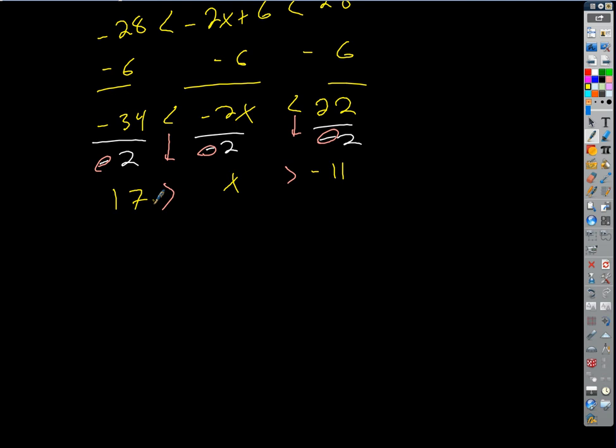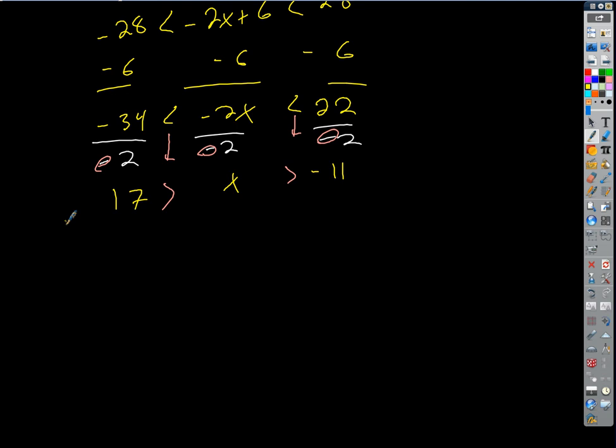When we write a compound inequality like this, you might remember when we did these at the start of the year, we always had to take the whole thing and flip it around, right? Pretend we write this on a glass slide, and then we just flip it around. So the negative 11 goes on the left and the 17 goes on the right, because we want to represent this like a line segment on a number line.